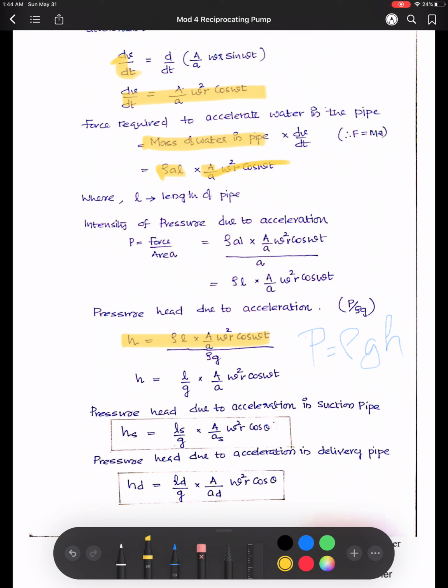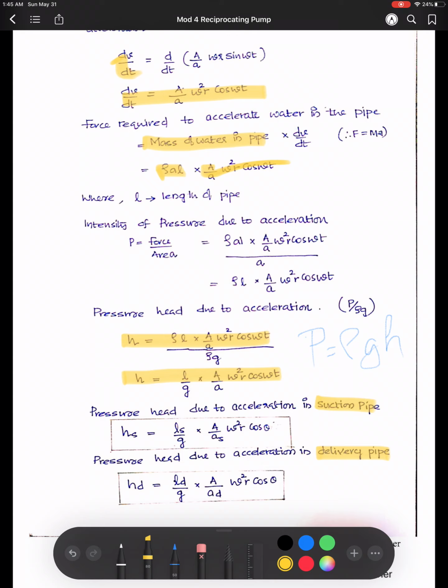So finally you'll get H is equal to l by g into A by a omega square r cos omega t. And we have just written the head for suction pipe as well as delivery pipe.